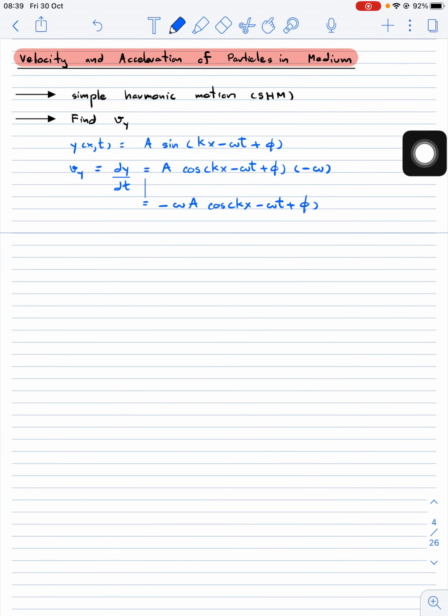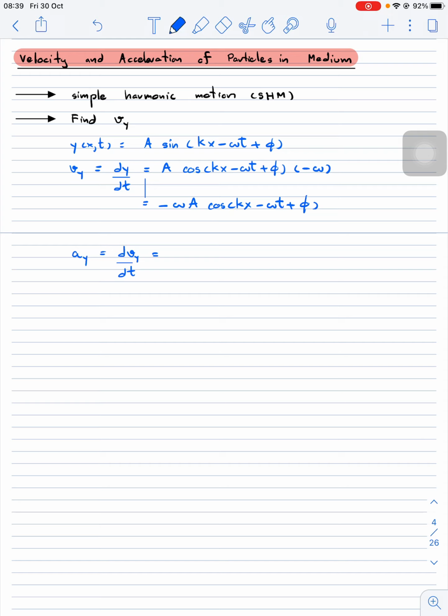Now how about the acceleration along the y-axis? Just do the same thing. The ay is equal to the derivative of the Vy with respect to time t. Negative omega is constant, so we can just bring it out from the differentiation. The derivative of the cosine is negative sine.